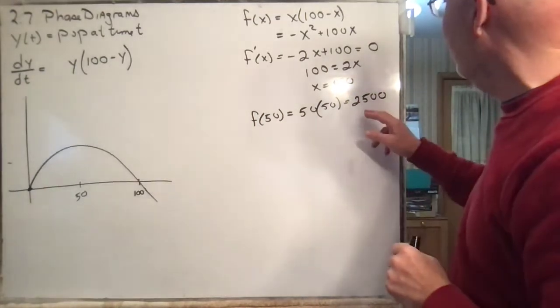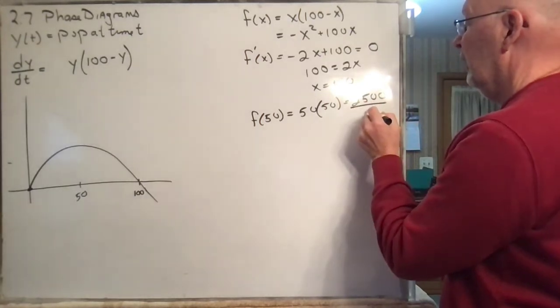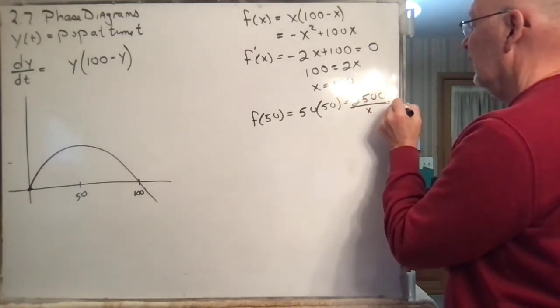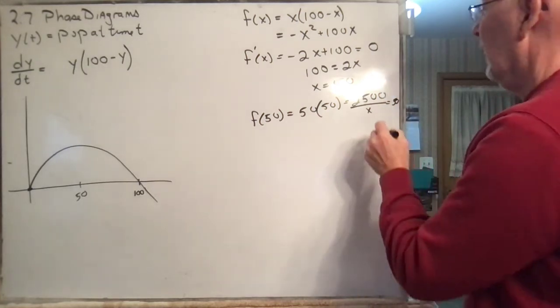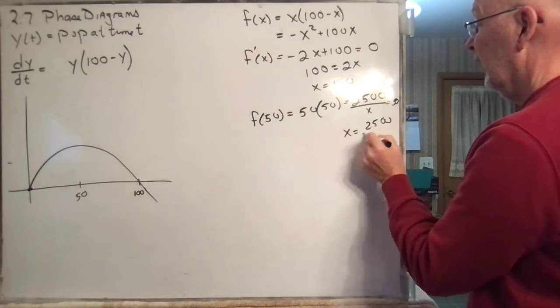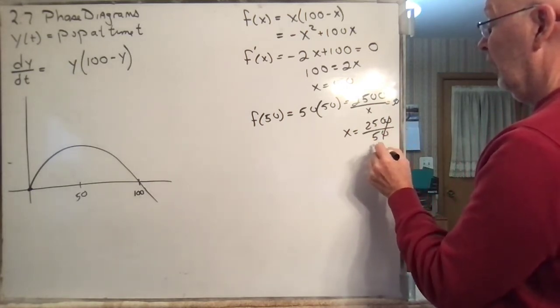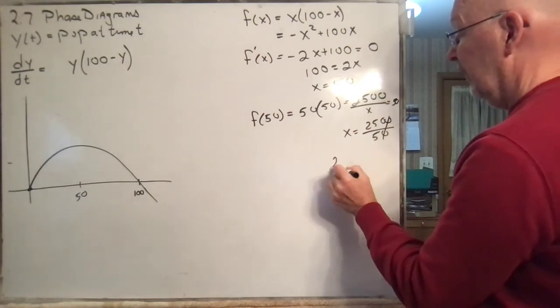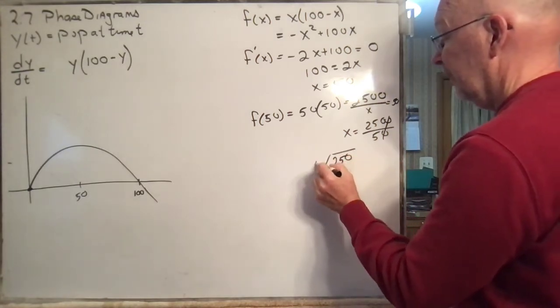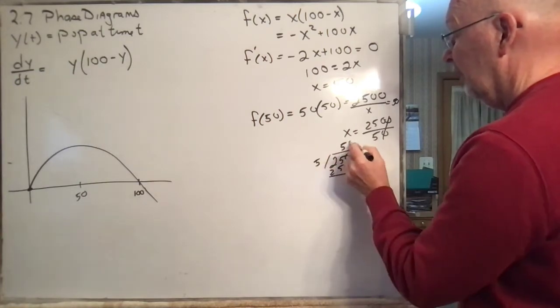So it looks like, let's see, 2,500 divided by what gives you 50? So 2,500 divided by 50, 5 into 25, 250 divided by 5 gives you 5, 25, 50.